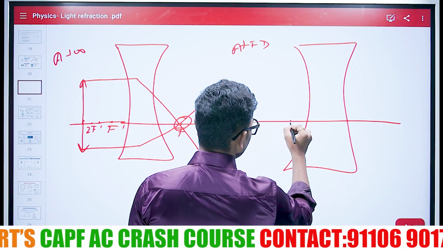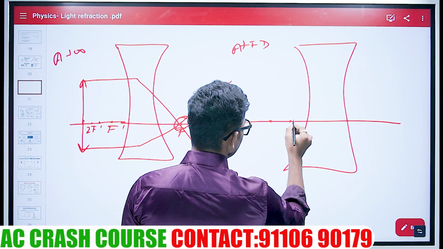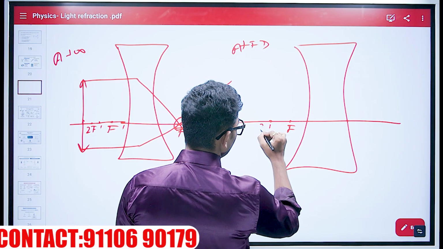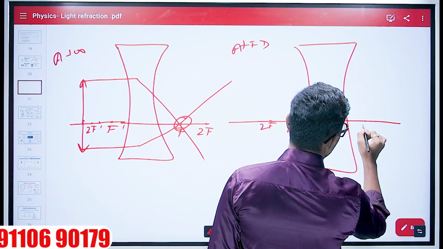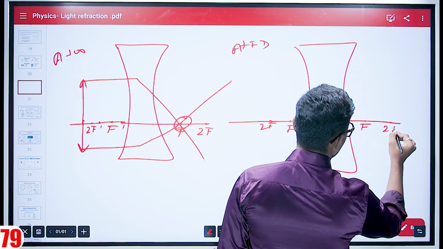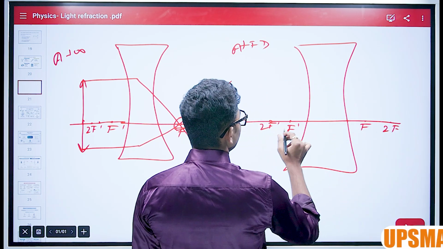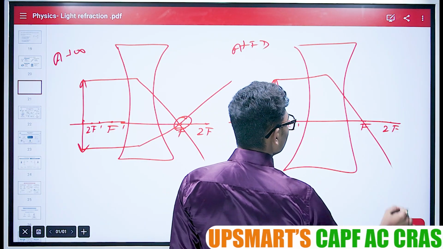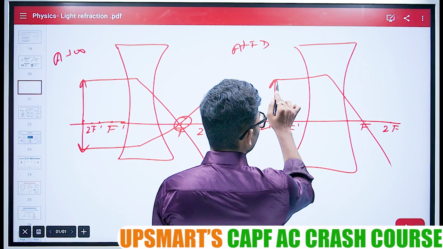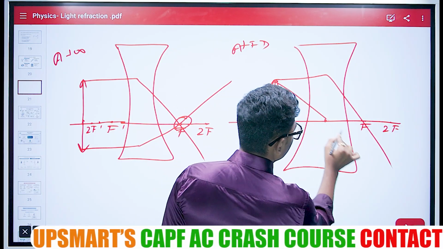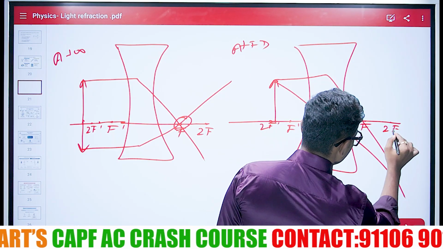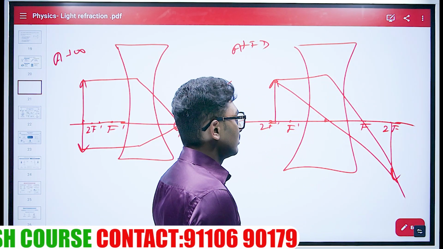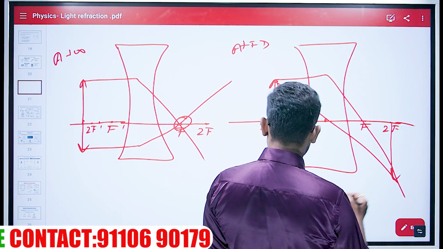At a finite point, let's take the focus, then 2F, F, 2F'. At a certain point, it will go through the focus and optic center, and it forms somewhere here.